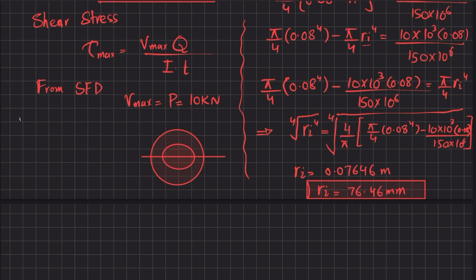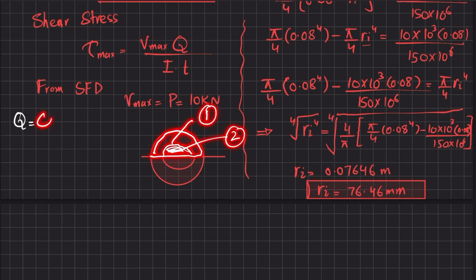So we will find Q. We will find the Q of this shaded portion, because this portion is hollow. This is the shaded, solid portion, and we are interested in finding the Q for this. So we will first take this as one solid semicircle 1 and this as solid semicircle 2.